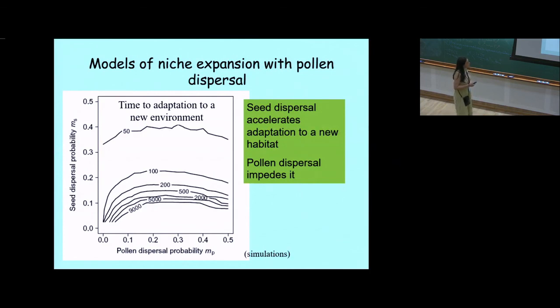And what you can see is that if you increase seed dispersal, you always need less time to adapt to this new environment. But if you increase pollen dispersal, in general, you need more and more time to adapt. And it takes so much time that it becomes biologically relevant. If you need 10,000 generations to adapt to this new environment, probably many other things will have changed since then, and you will not make it.